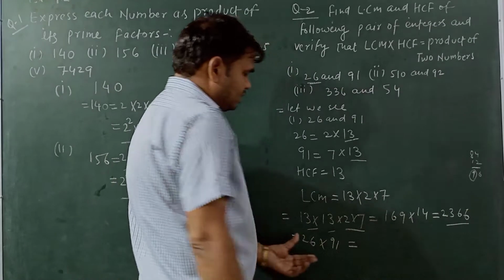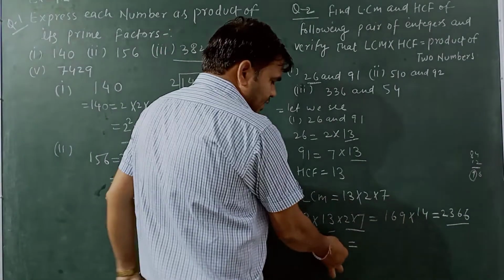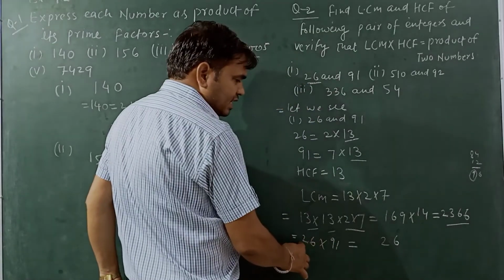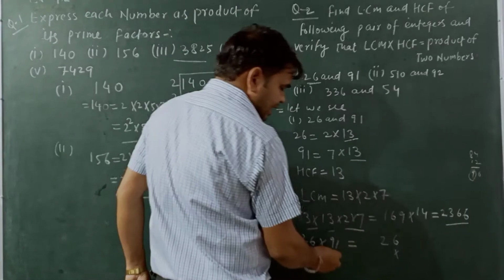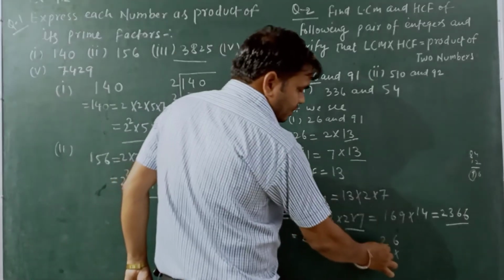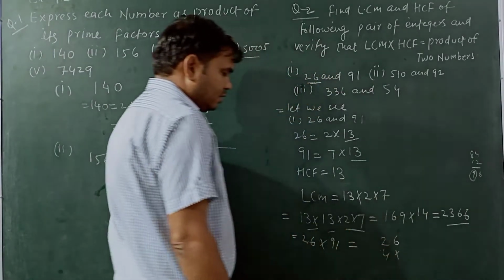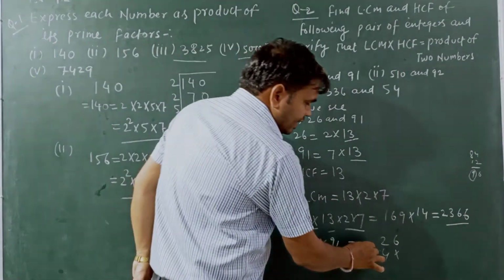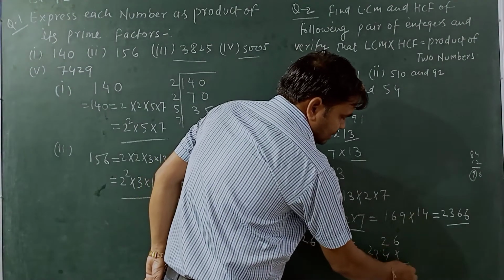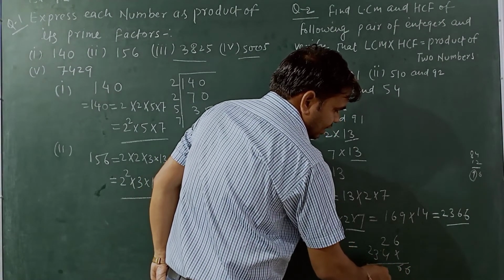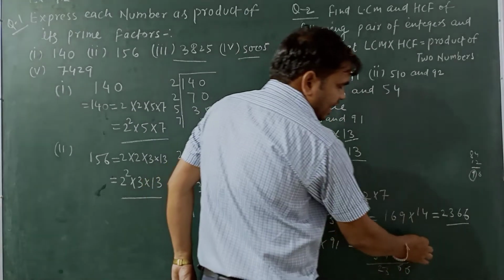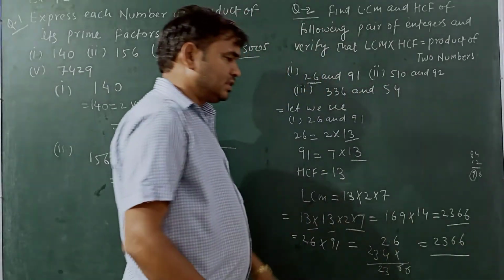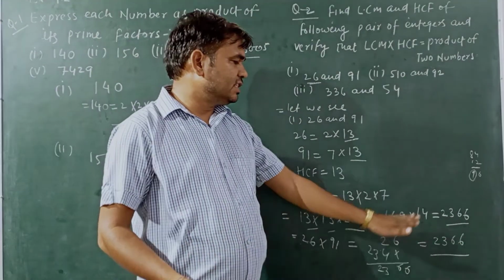So here you see students, 1 times 26 multiplied by 91 gives 2366. So the product of the numbers is also 2366.